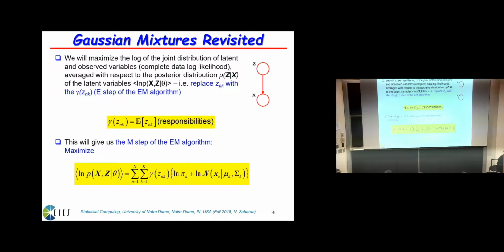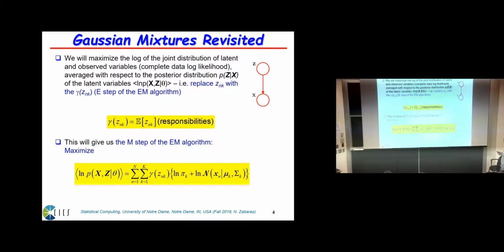So what we decided to do is work with the joint log likelihood. Z are the hidden variables. For example, in the Gaussian mixture, for every point x, it tells you which mixture component the data point is coming from. We decided to work with this because this distribution is way easier to work with. The problem is we don't know Z.